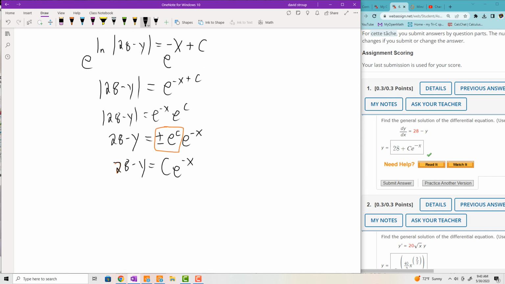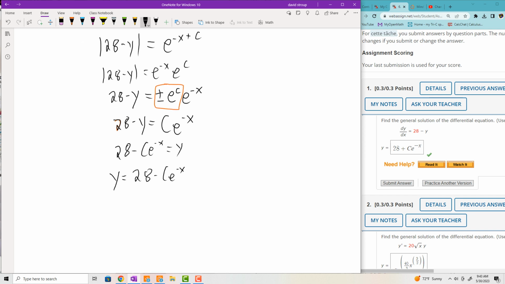Now I'm going to solve for y. So I'm going to move the y to the right-hand side, move the C e to the negative x to the left, and flip-flop sides. Okay, and that's a fine answer, but you're supposed to always let the constant absorb the other constants.